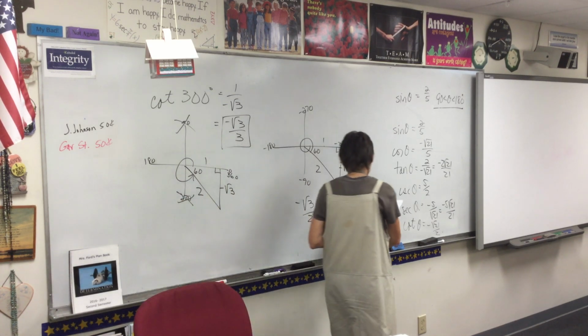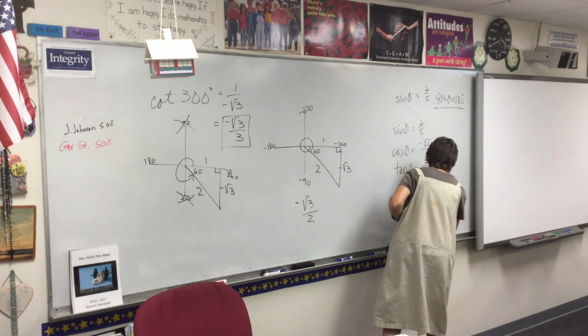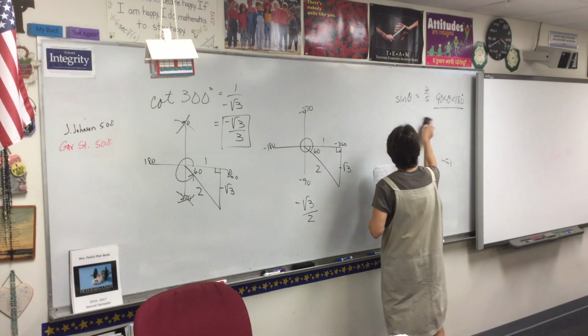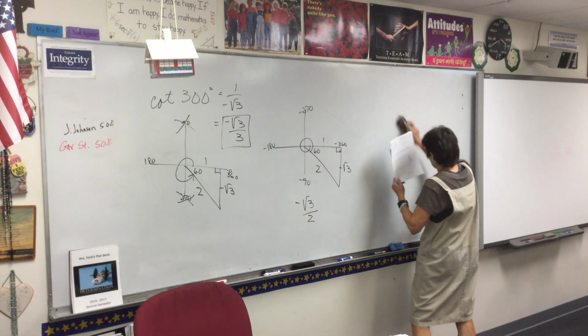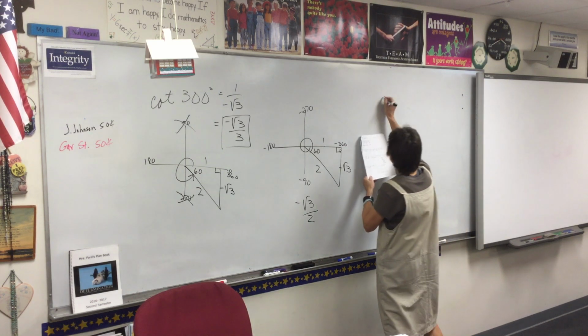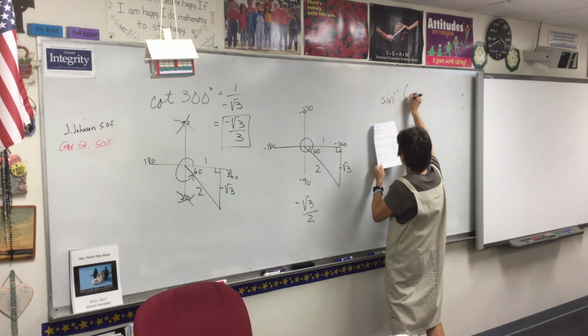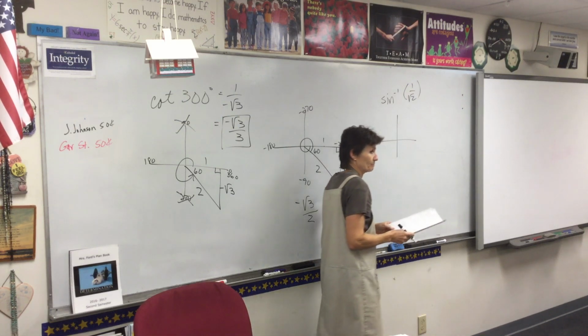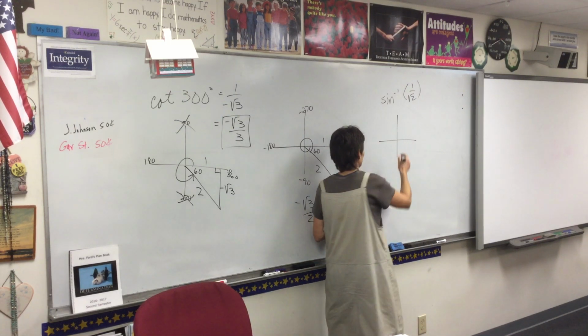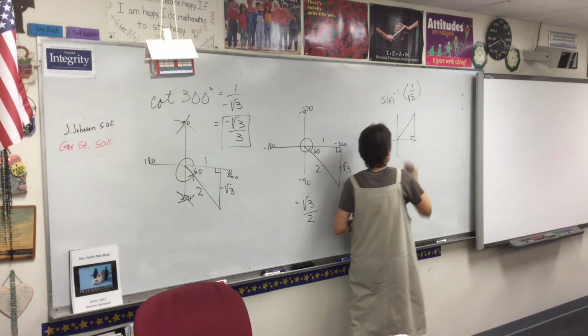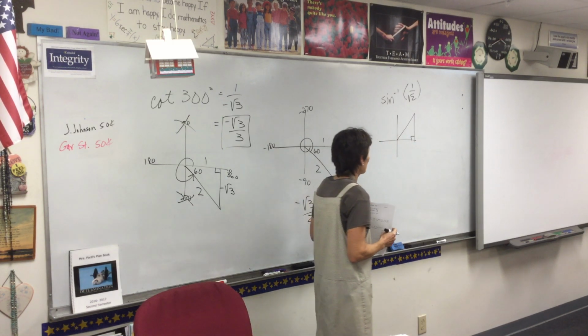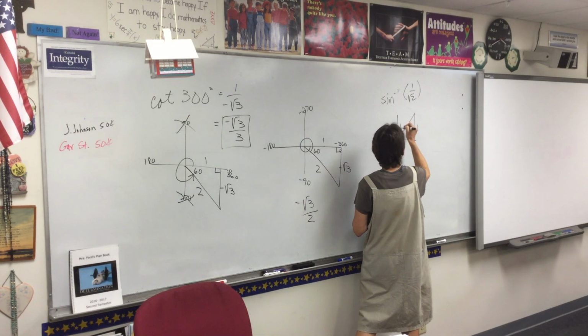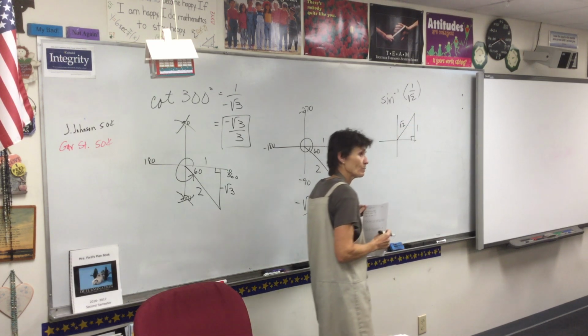All right, 1 or 2 more problems and we're done for the day. We'll finish this page. I'm not giving you any quadrant information, so where are you going to draw this? Quadrant 1. And you're going to label it so that the sine is 1 over root 2.